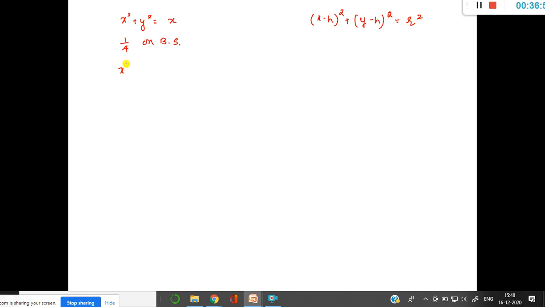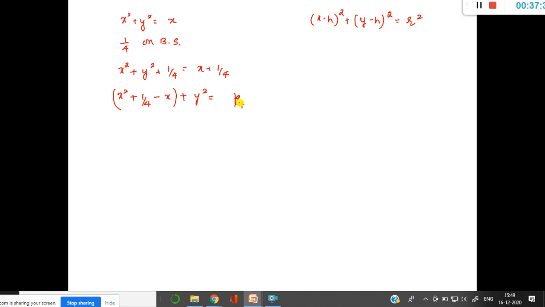So x square plus y square plus 1 by 4 is equal to x plus 1 by 4. You keep this 1 by 4 on the right hand side and transfer x to the left hand side. Accordingly you will get the a minus b whole square formula, that is x square minus x plus 1 by 4, plus y square, equal to 1 by 4.